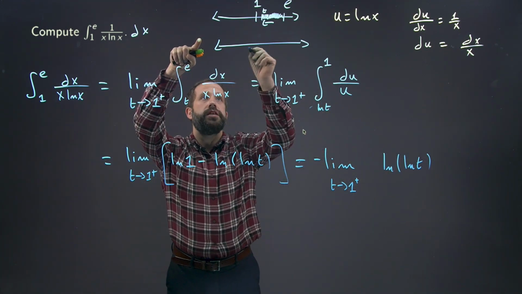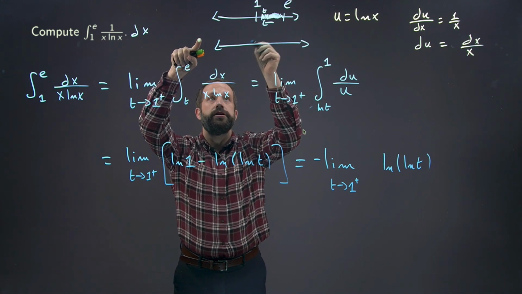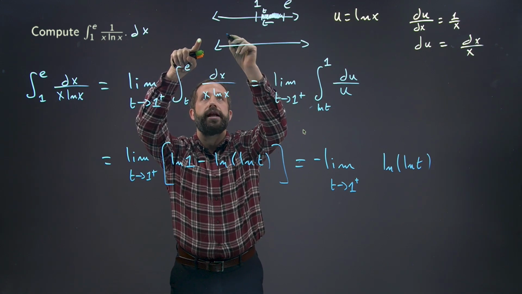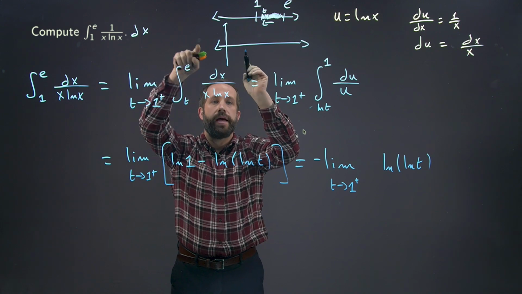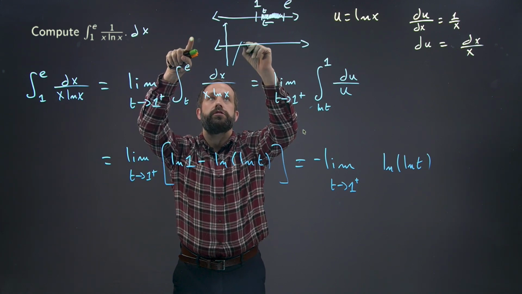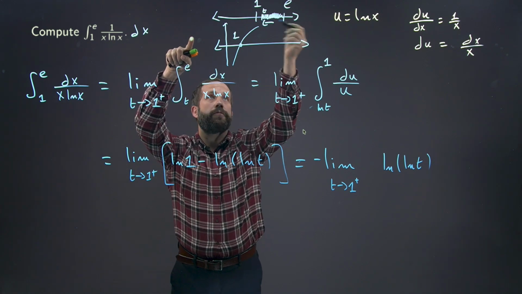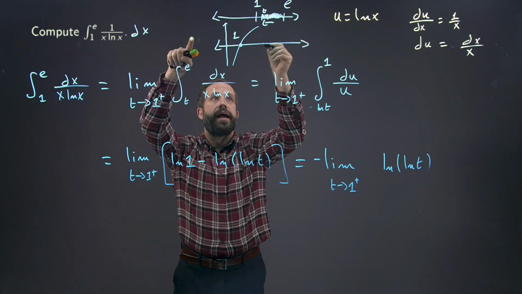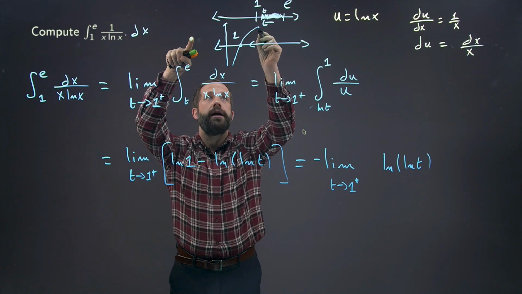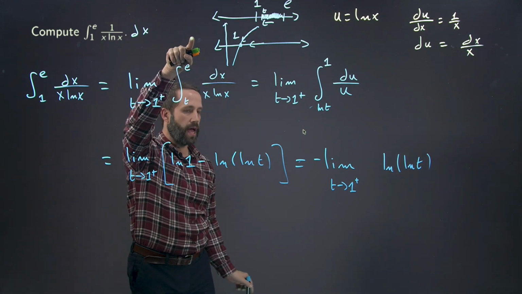I'm going to give a graph of the natural log of t. Okay, so the graph of the natural log of t looks something like this. This is 1. And so as t approaches 1 from the right-hand side, the natural log is approaching 0 from the right-hand side.